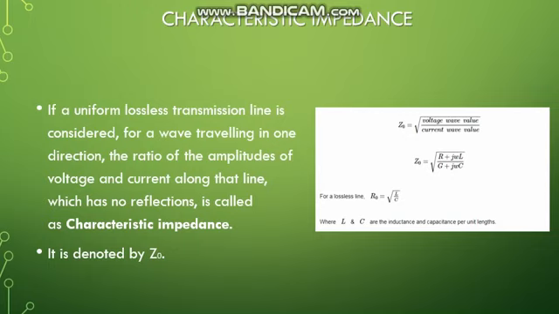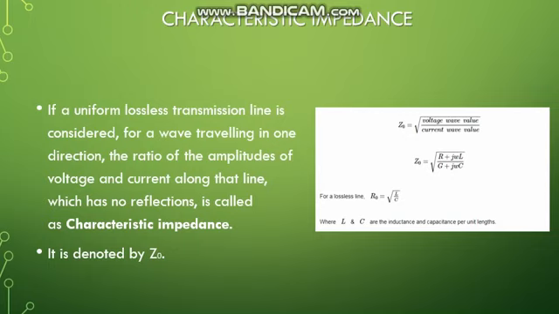And here you can see that the characteristic impedance Z naught is the voltage wave value divided by the current wave value, under a root. There are two branches. First is the parallel one, that is G plus j omega C, and the series one is R plus j omega L. These two values have to be divided under the root.